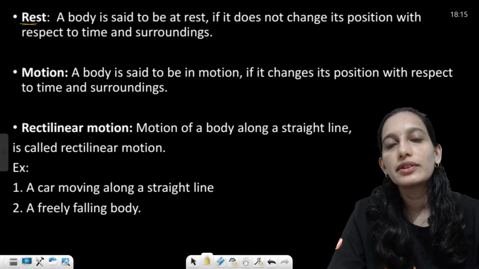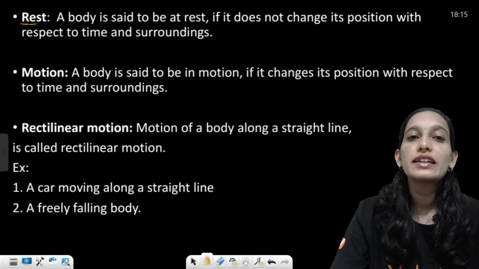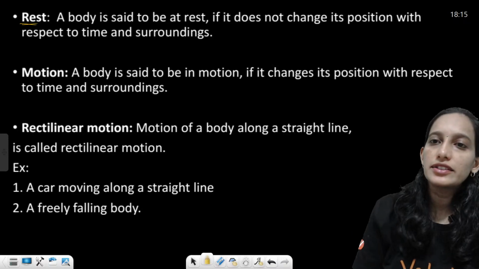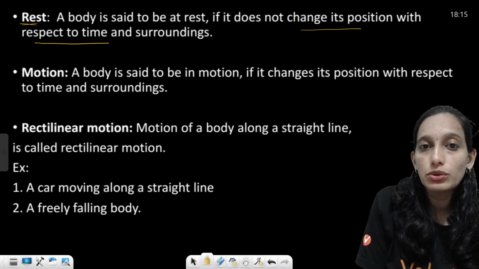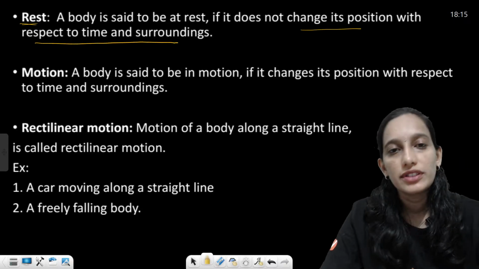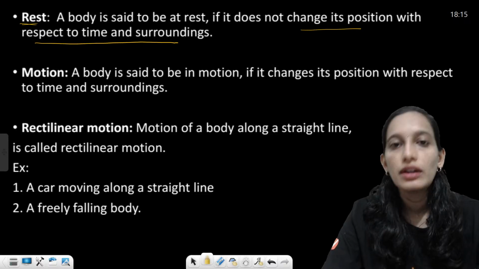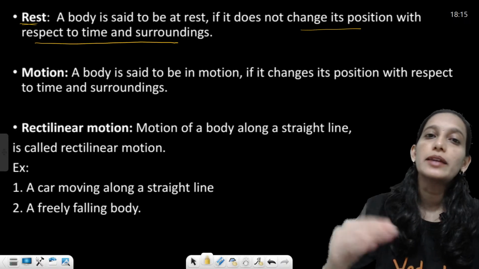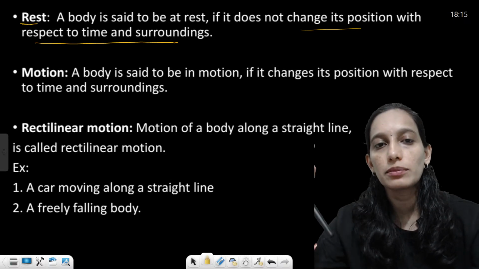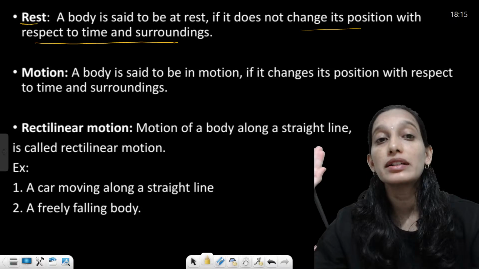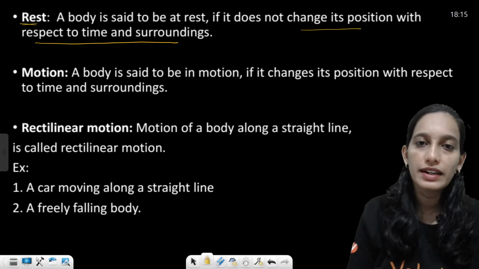When do we say an object is at rest? Yes, we can say that if its position is not changing with respect to time and surrounding. With respect to the surrounding, the object's position should not change. With respect to time also, as time passes, the object should be there only. Its position should not change with respect to time and surrounding. Then we say that the object is at rest.